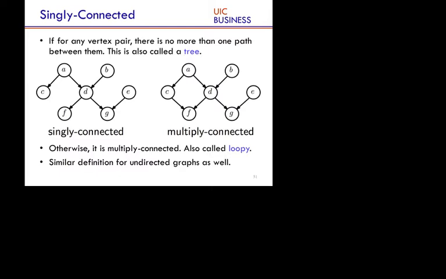So you just have one path between any pair of nodes. And if you have more than one path, then you call it multiply connected, or you call that graph a loopy graph. These definitions are not only for directed graphs, you can use them for undirected graphs as well.